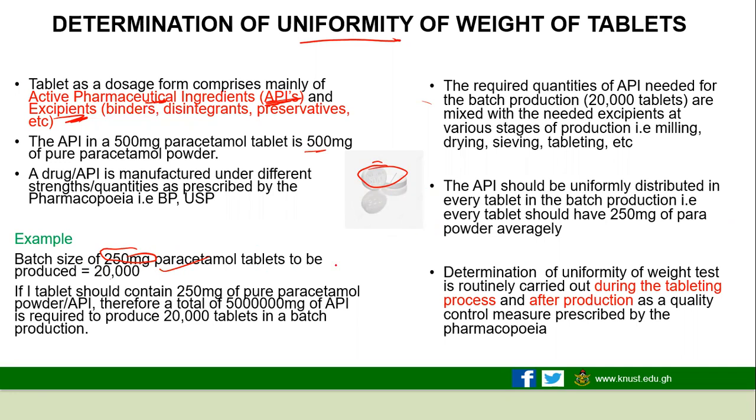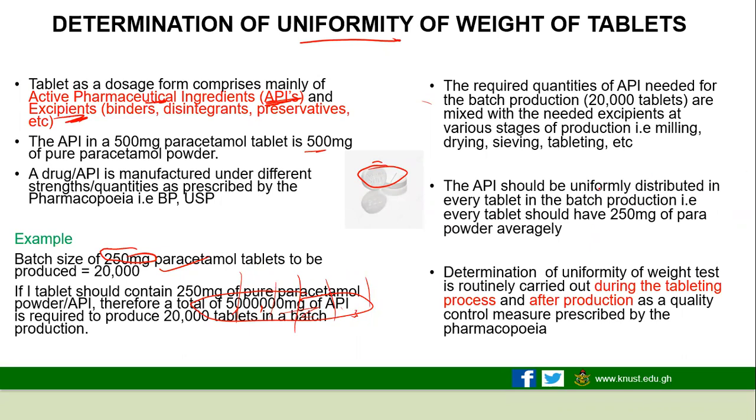And that will be around, let me check the number, 5 million milligram of paracetamol, right? Good. Now, this 5 million, we will not divide it into 250 and have each of the tablets made. No. We will take all the 5 million milligram of paracetamol and mix it with the appropriate excipient and then divide them or compound them into different tablets.